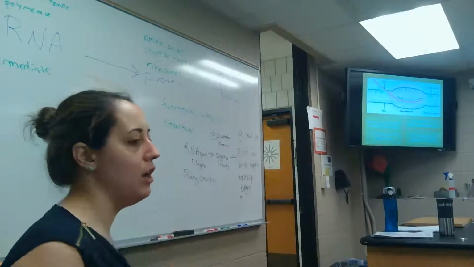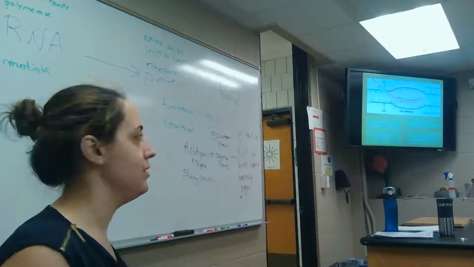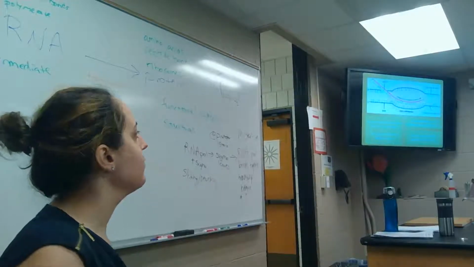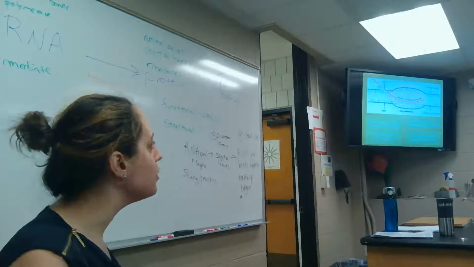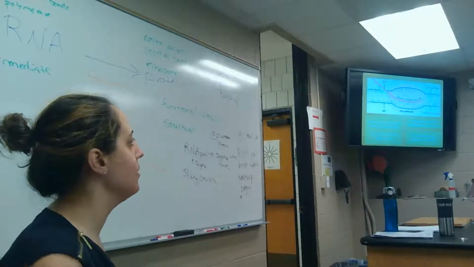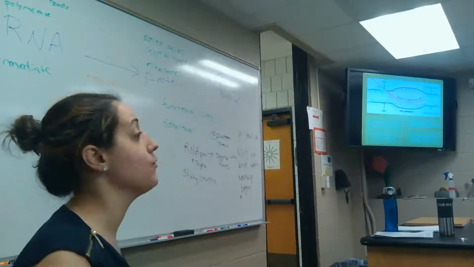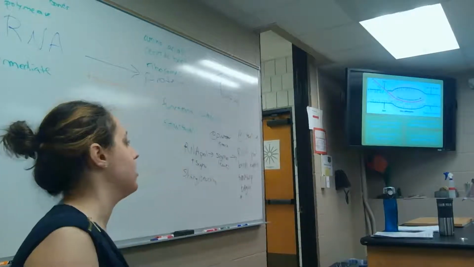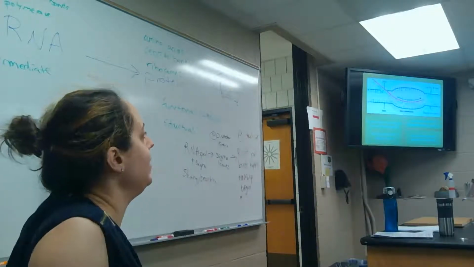And because of the complementarity of DNA and RNA, the coding strand is actually exactly the same as the RNA that's going to be made, except it's DNA instead of RNA. And we see that here.